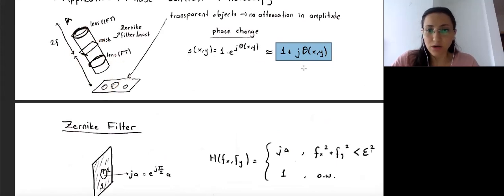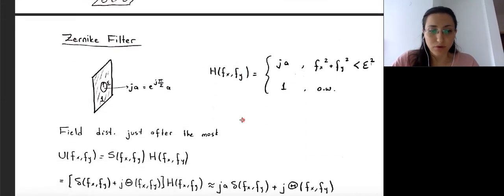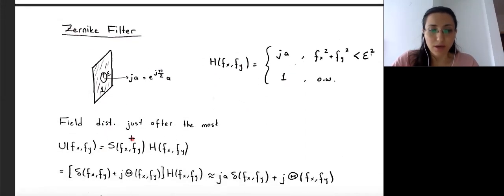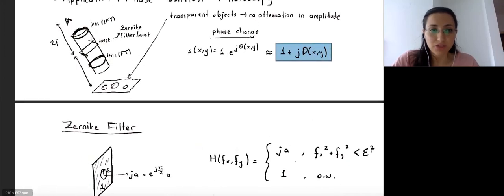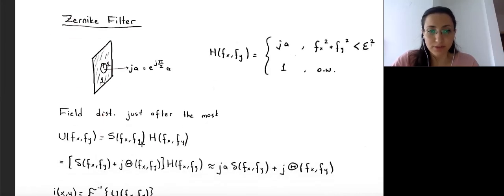So our object was this thing, and we're going to take its Fourier transform, S(fx,fy), and that's going to hit the mask. That means this wavefield distribution will be multiplied with the transmission function of the mask. And this is what we will have just after the mask: the multiplication of these two functions.